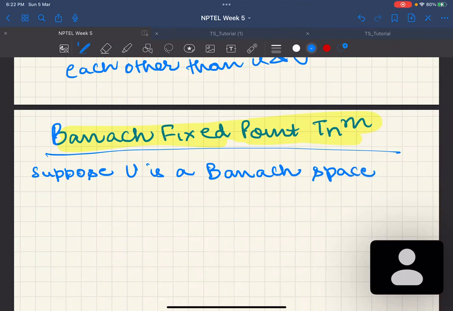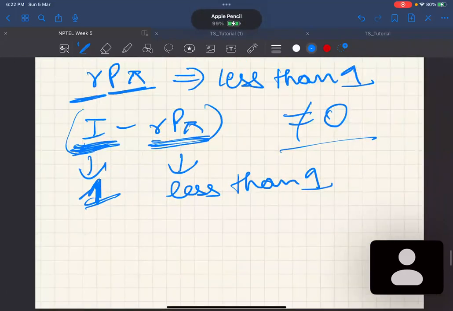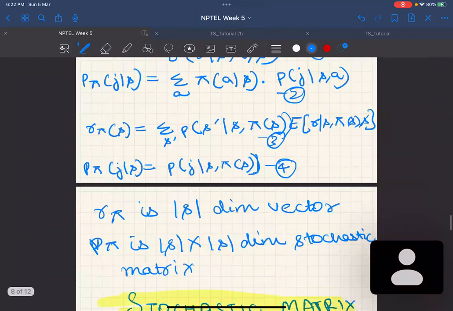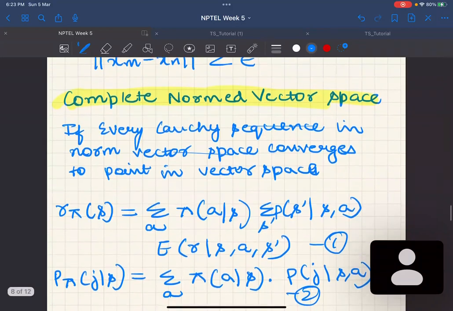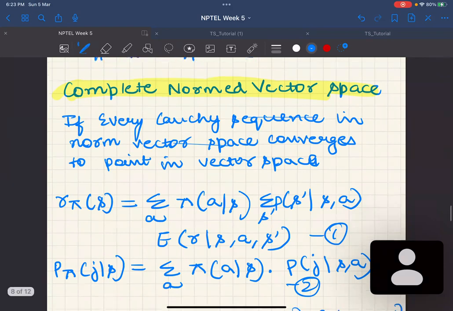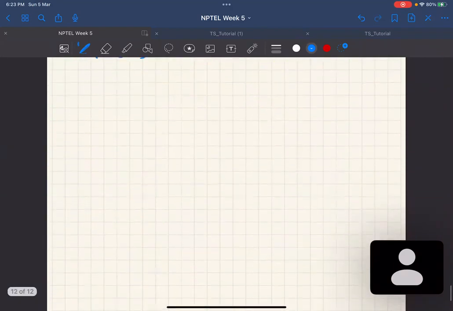Do you know about Banach space? No, I don't know. I told you about complete normed vector space, I'll tell you again. First of all, I'll tell you what a Cauchy sequence is.